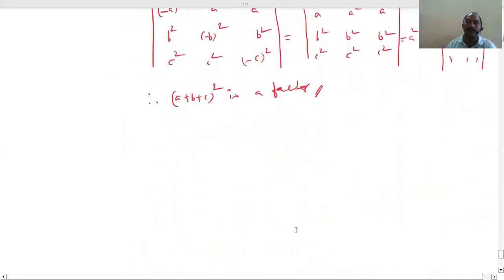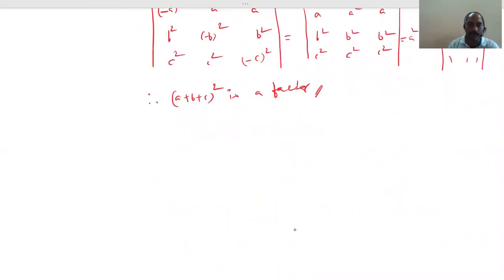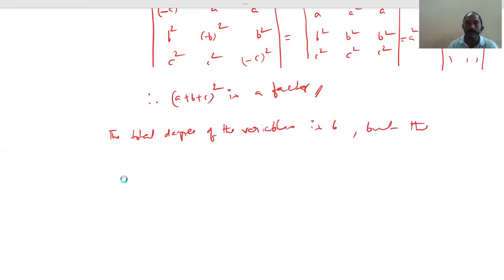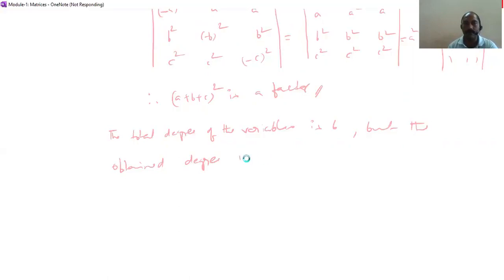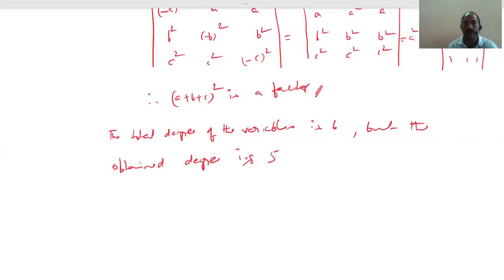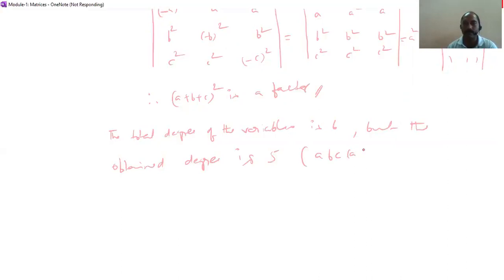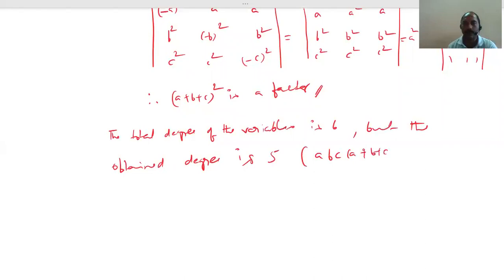So here the total degree of the variables is 6, but the obtained degree is 5. A, B, C, A plus B plus C whole square.